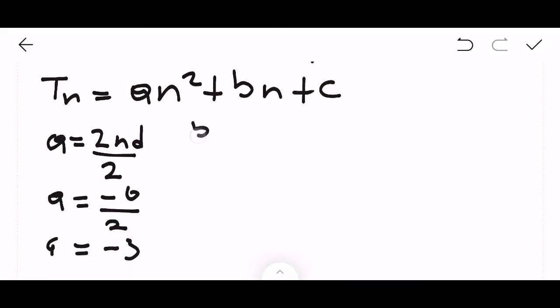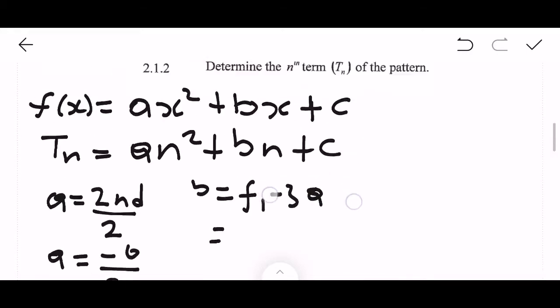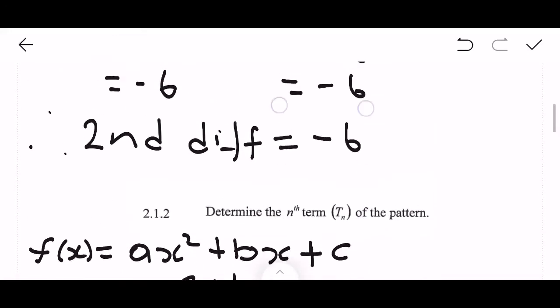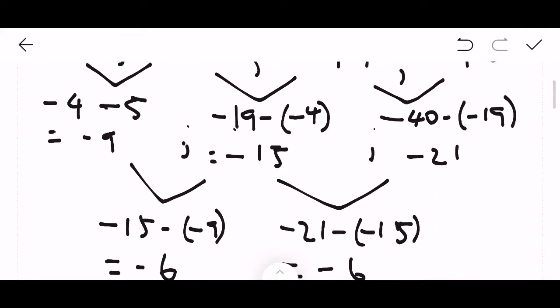Now for b, the formula is the first term of the first difference, which we'll denote f1, minus 3a. The first term of the first difference is this one here.